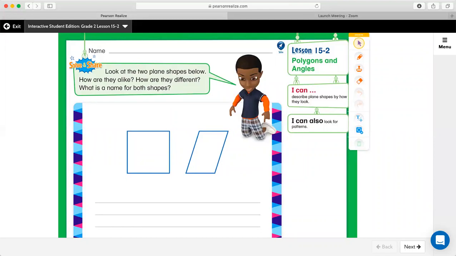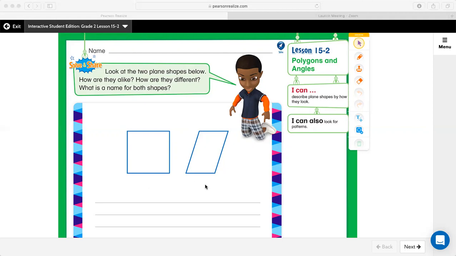So I'm going to pull up an answer key here. So we have the solve and share answers. So we have Tara's work and Dominic's work. And we're going to talk about both here. We'll start with Tara. So she has both of the shapes, the same ones you have. And she says that both shapes have 4 sides. So they are quadrilaterals.